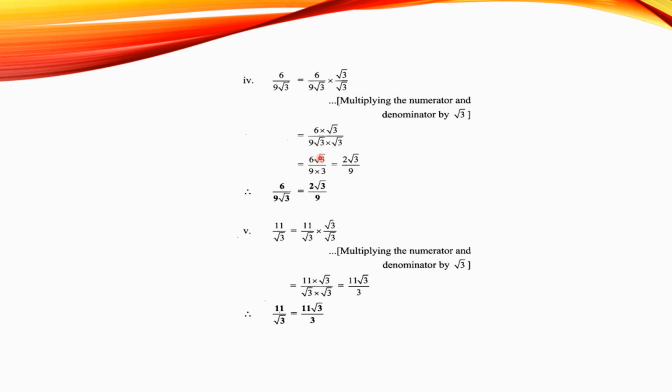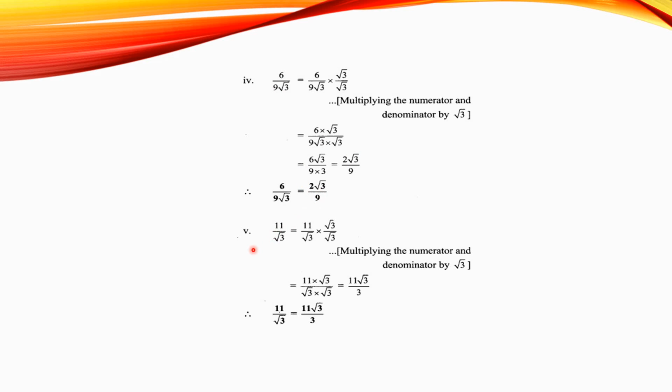So here root 3 will be multiplied by root 3, we get 3 multiplied by 9 in the denominator, and in the numerator we get 6 root 3. So 6 and 9 can be cancelled, 2 by 3. So it is 3 into 3 will be 9 in the denominator, and in the numerator we get 2 root 3. So 6 upon 9 root 3 is written as 2 root 3 upon 9.